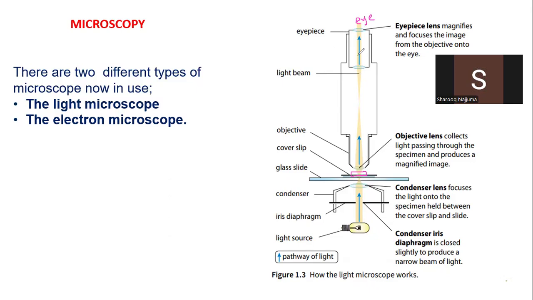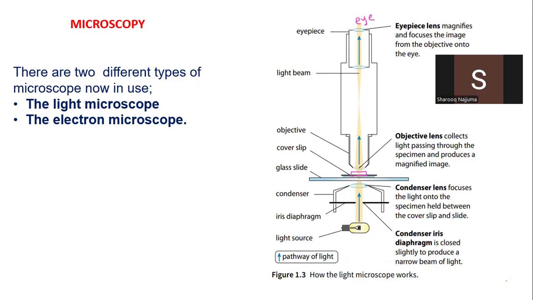That is why you can use your naked eye with a light microscope, because our eyes are able to interpret light in terms of images. So our brain can interpret light and make images. And that is why when you're using a light microscope, you can directly observe the specimen using your own eyes.